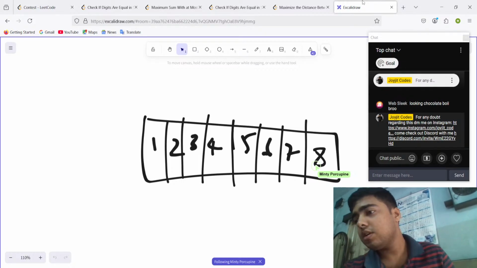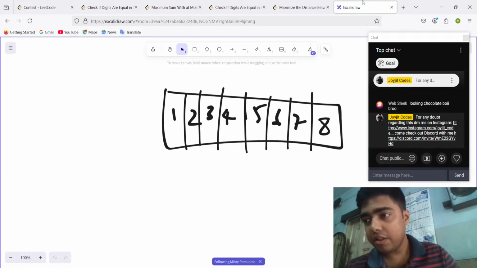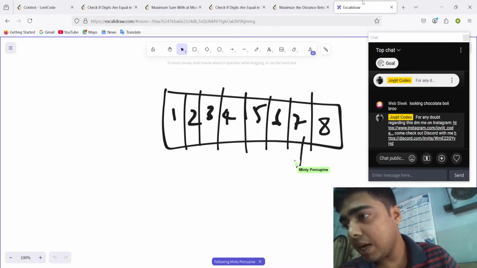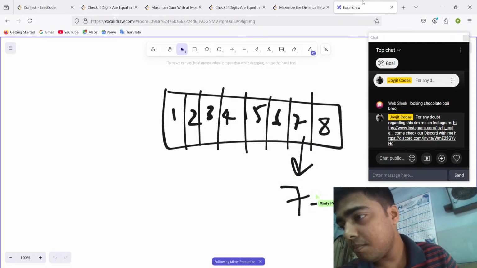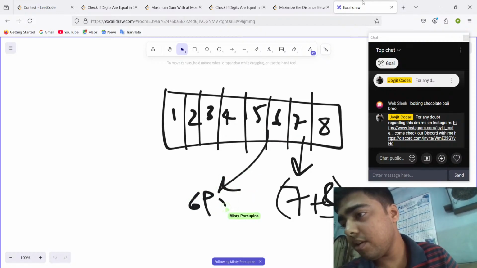In the first step you add the present digit with the next digit and take it modulo 10, I mean take the last digit. So this 7 becomes 7 plus 8 mod 10. 6 becomes 6 plus 7 mod 10, okay.